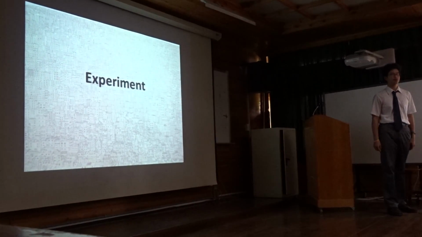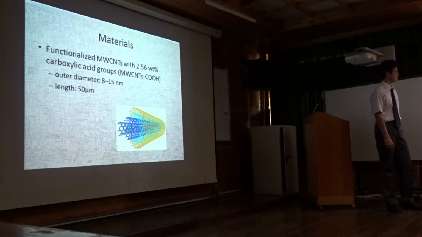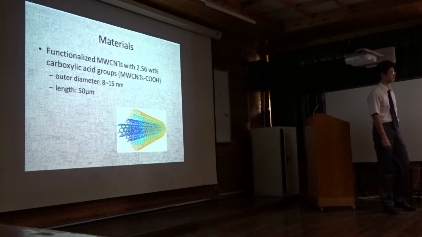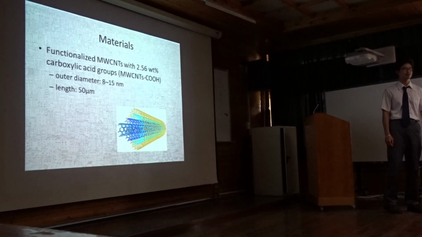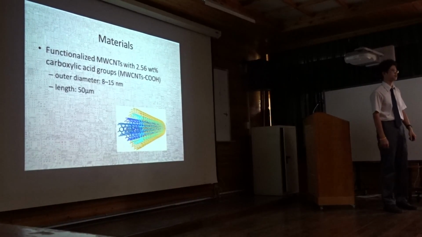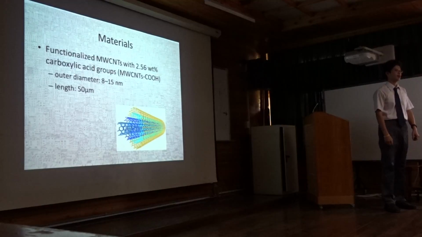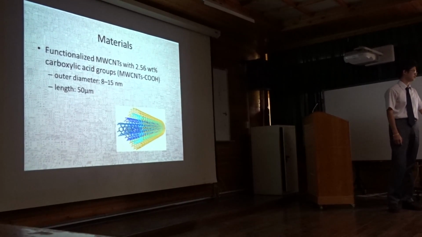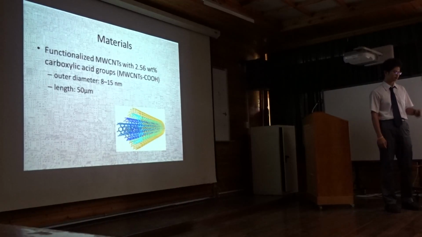The next part is experiment. There are 5 materials in this experiment. The first is functionalized multi-wall carbon nanotubes with 2.56 weight % carboxylic acid groups, and the outer diameter and length are 8 to 50 nanometers and approximately 50 micrometers respectively.